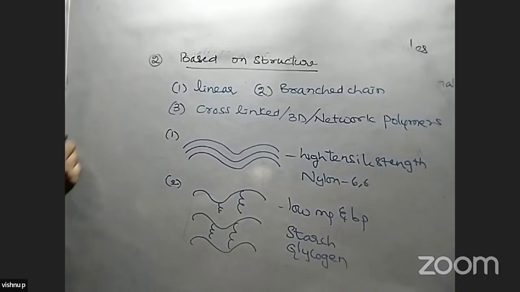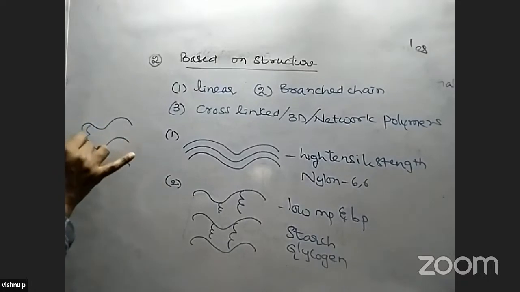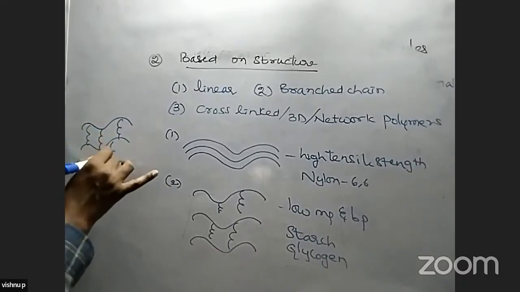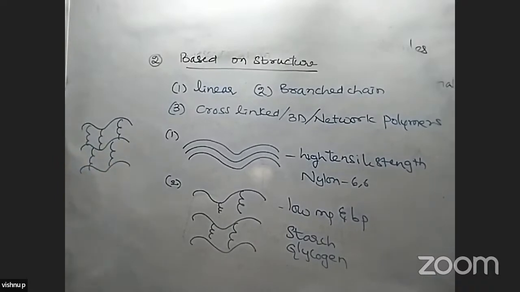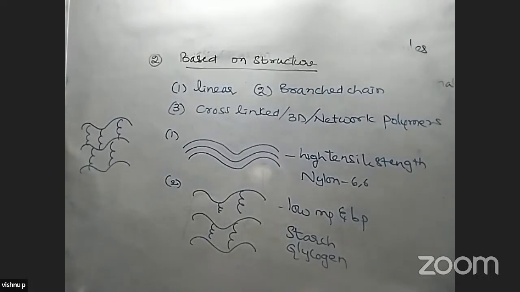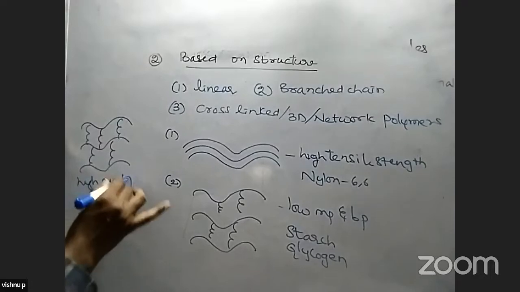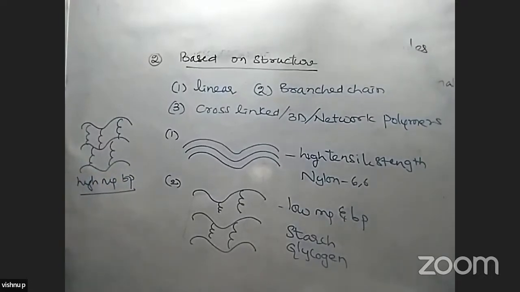The third is cross-linked or network polymers. Here the monomers are arranged with proper side chains, in a three-dimensional way. Because of this proper three-dimensional arrangement, with branches of the same size, these polymers show high melting and boiling points and high tensile strength.